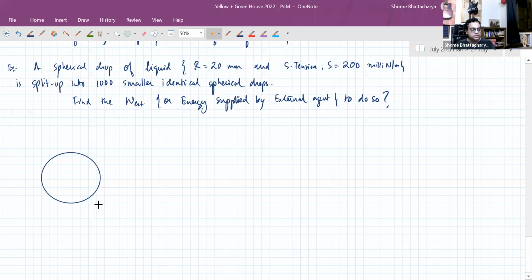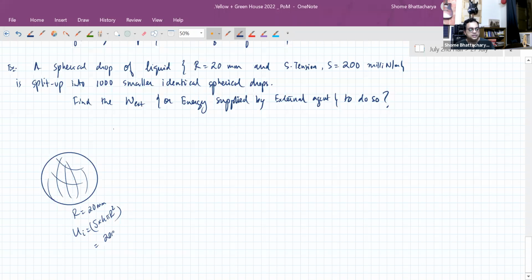So let's say this was our original spherical drop. So this had a radius of 20 millimeters. So its surface energy would have been surface tension multiplied by 4 pi r square.